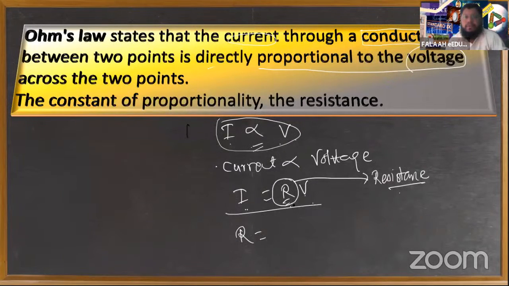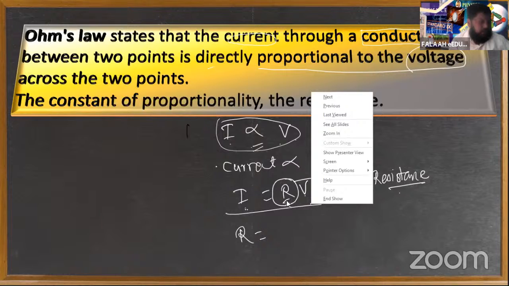Please explain how it becomes V. The answer: V is equal to I into R. Then resistance is equal to voltage upon current. Voltage is equal to current into resistance.